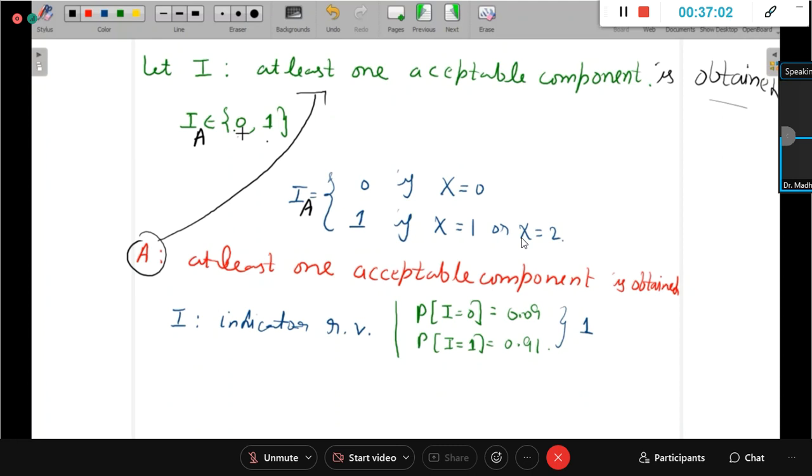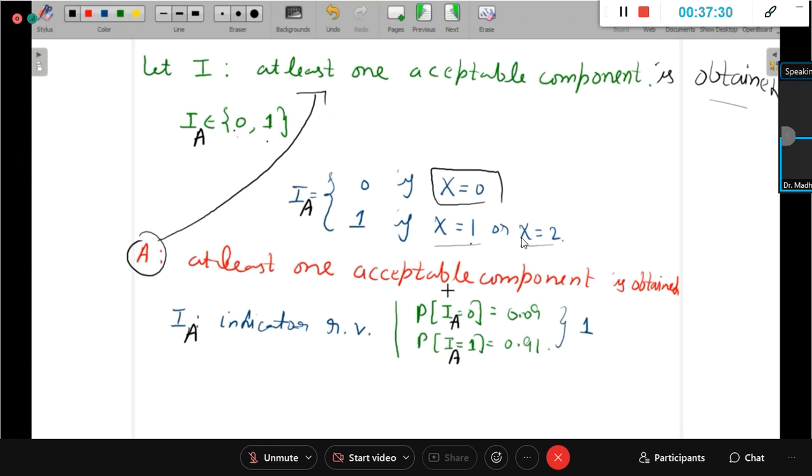So 0 means A does not occur, the case x equals 0. And if the event occurred, the case means either the number of acceptable components is 1 or x equals 2, any one of them. So event A occurred, or event A does not.